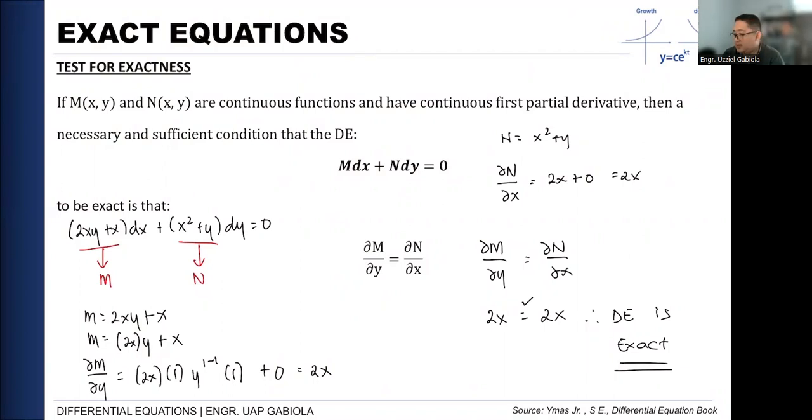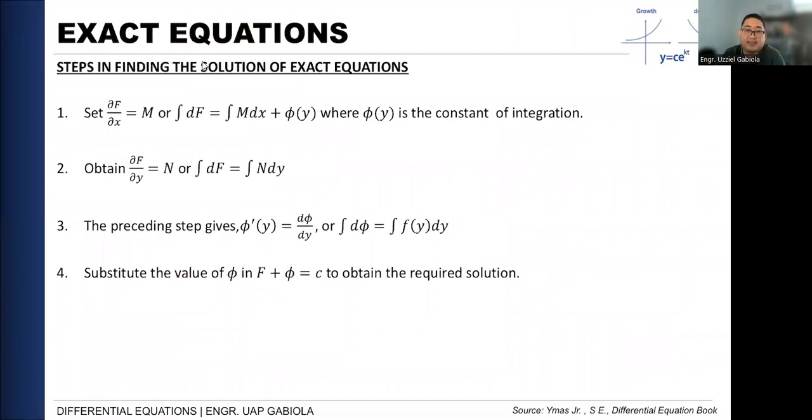Okay? Alright? So, once you determine that the equation is exact, we proceed with the next step. There is a procedure to follow to solve the exact equation. Once we have it, we set the M value equal to the partial of f with respect to x.